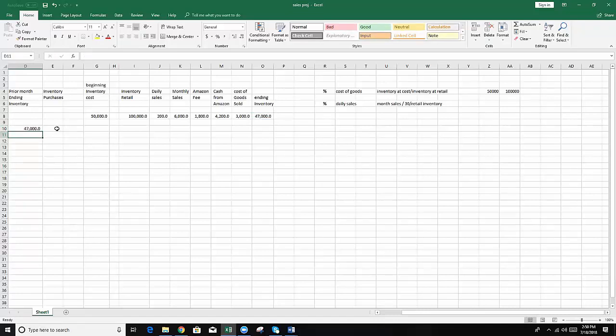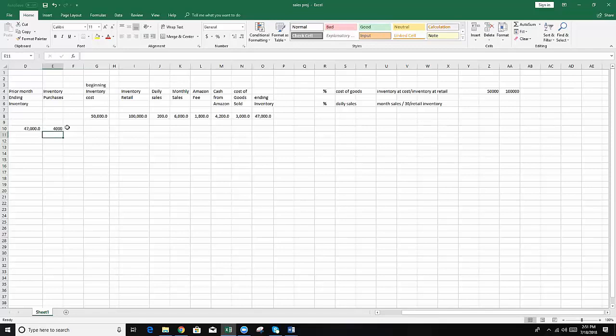Now, how much are you going to spend to buy inventory this month? If you were to replace the inventory that you sold, it would be 3,000. Let's say you got 4,200 from Amazon, and you're going to spend $4,000, so you would purchase 4,000.